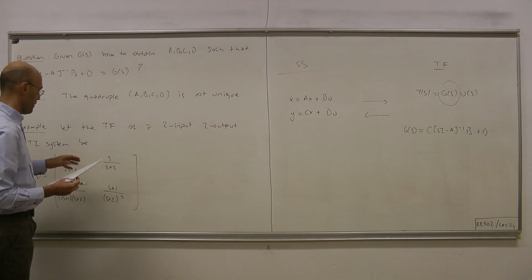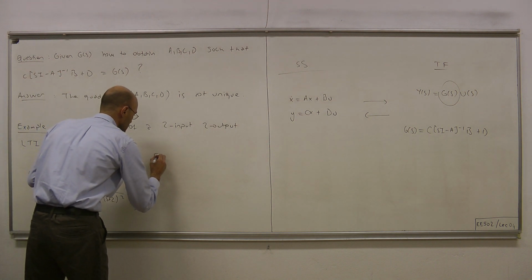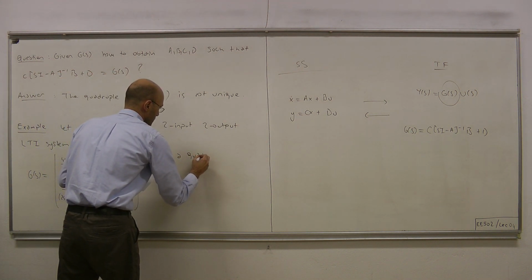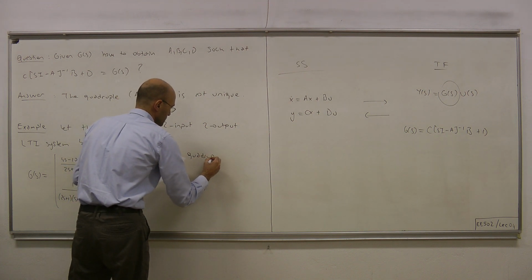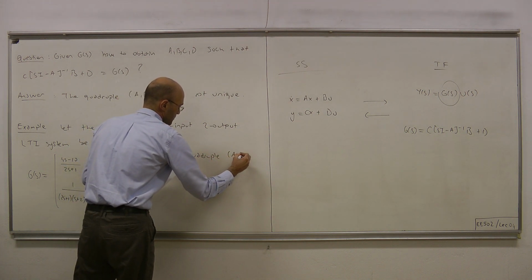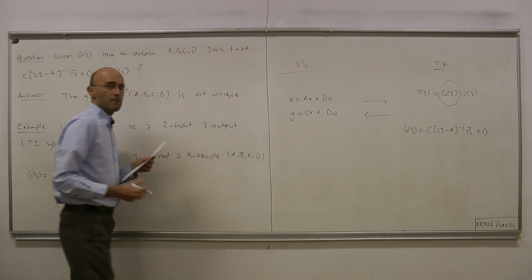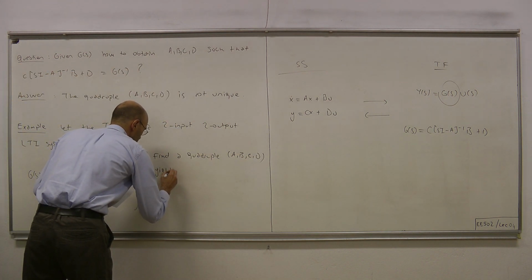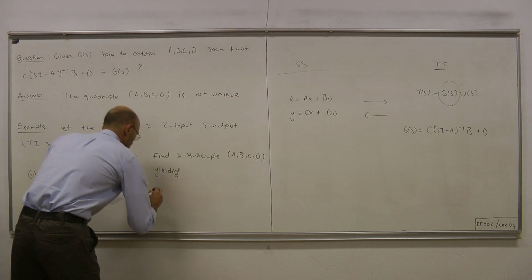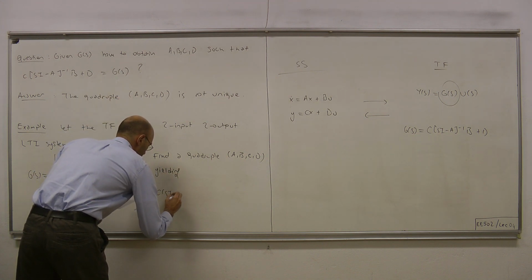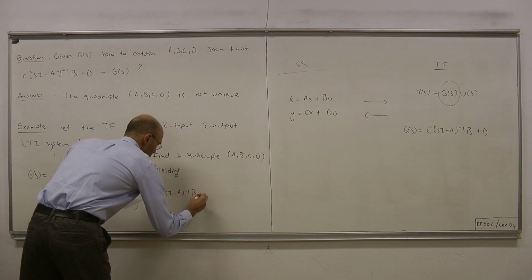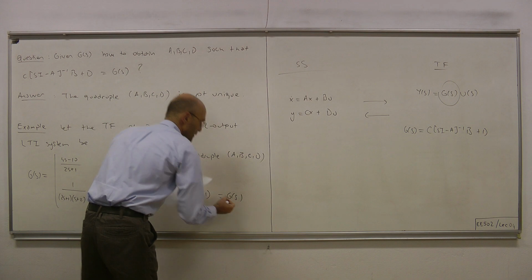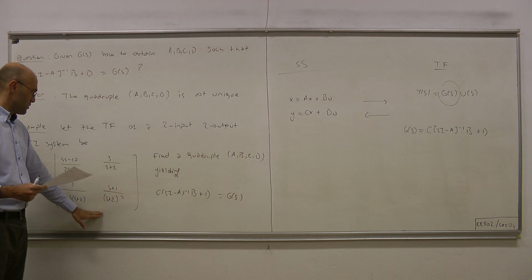Okay. Now for this G of s, we are asked to find a quadruple, those 4 matrices that satisfy C(sI minus A) inverse B plus D equals the given transfer function matrix G of s, which is here.